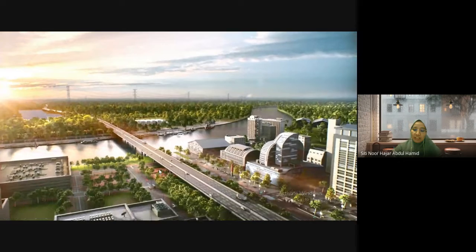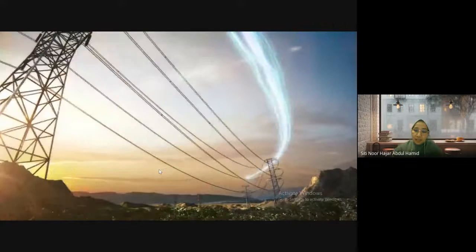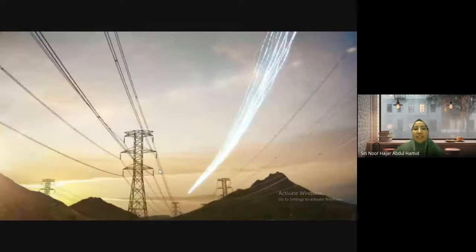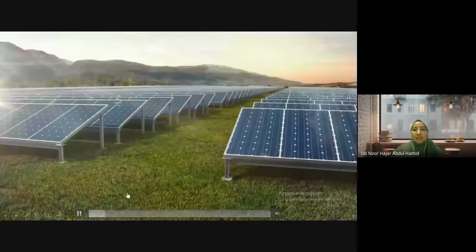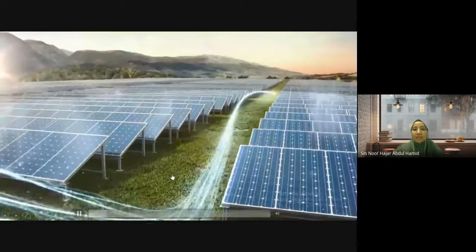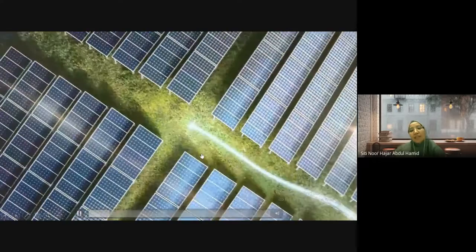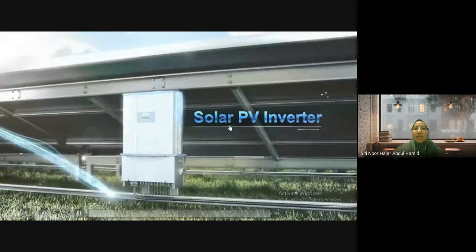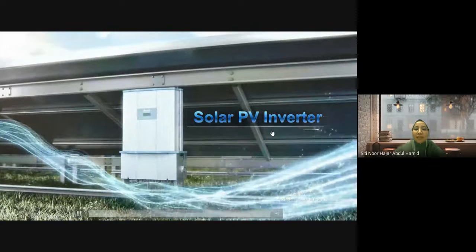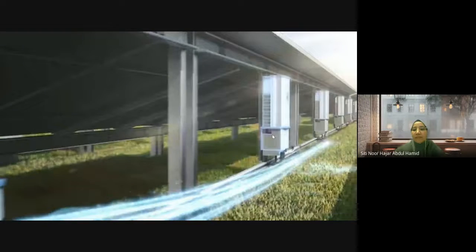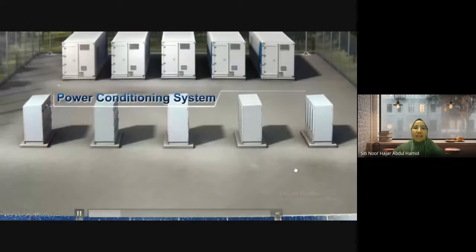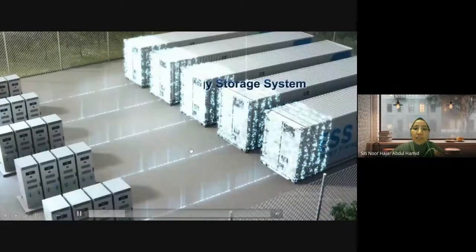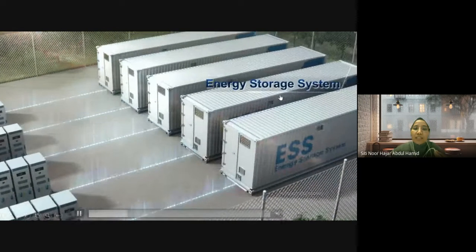This video is showing the IoT application in various fields. We have solar management, a lot of solar management, where we use the solar PV inverter technology and also the power conditioning system, which saves energy in the energy storage system.